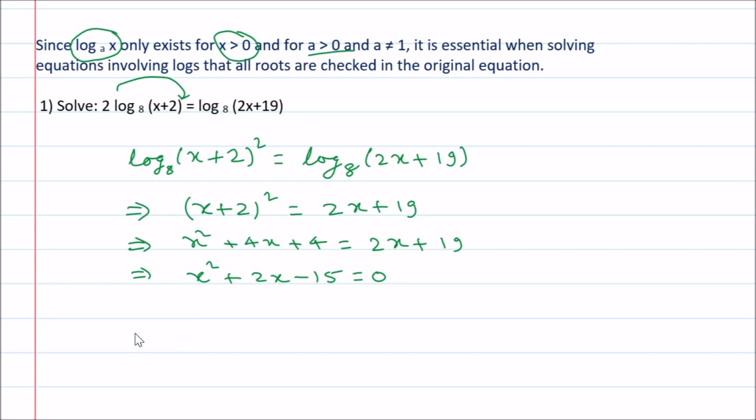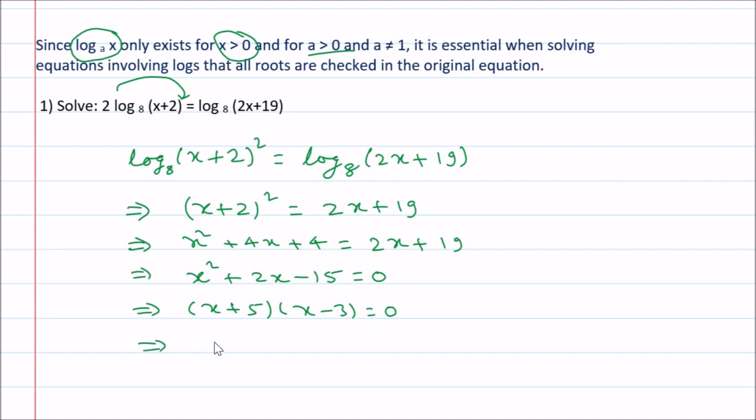Now we have got a quadratic equation. We can solve by the factorization method or by the quadratic formula. Here this is factorizable, so I will use the factorization method. It can be easily factorized: (x plus 5) into (x minus 3) is equal to 0.